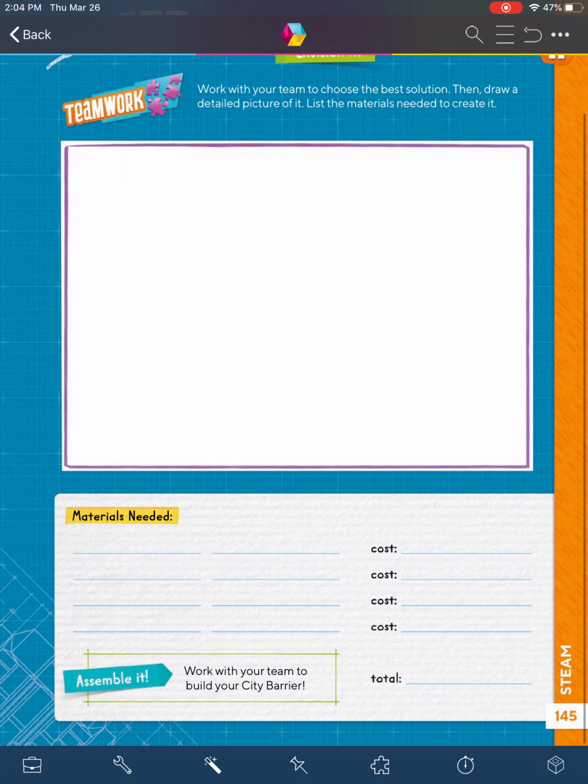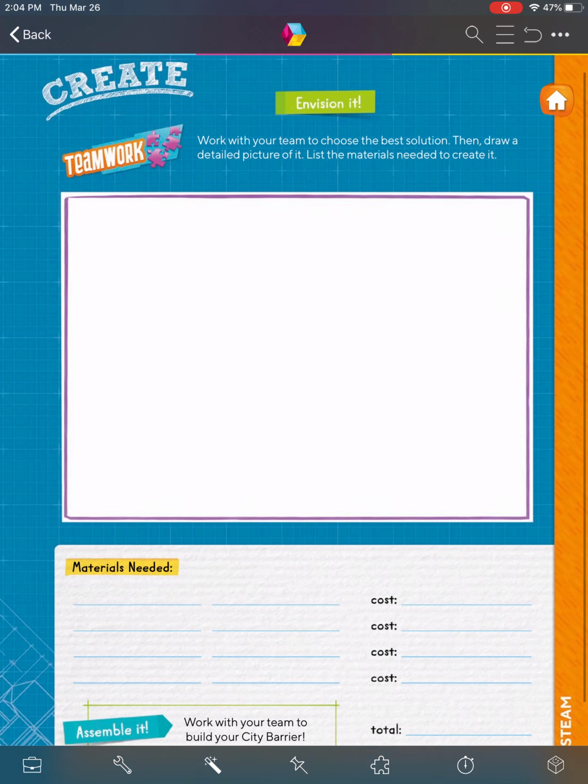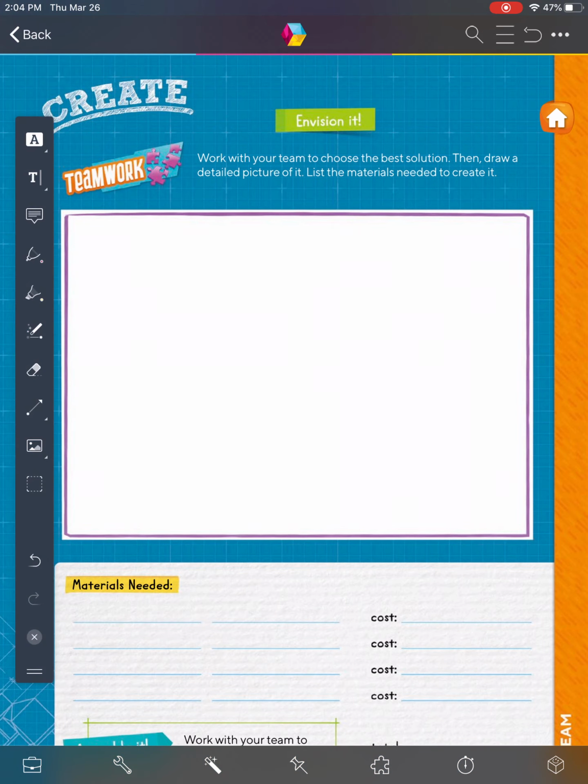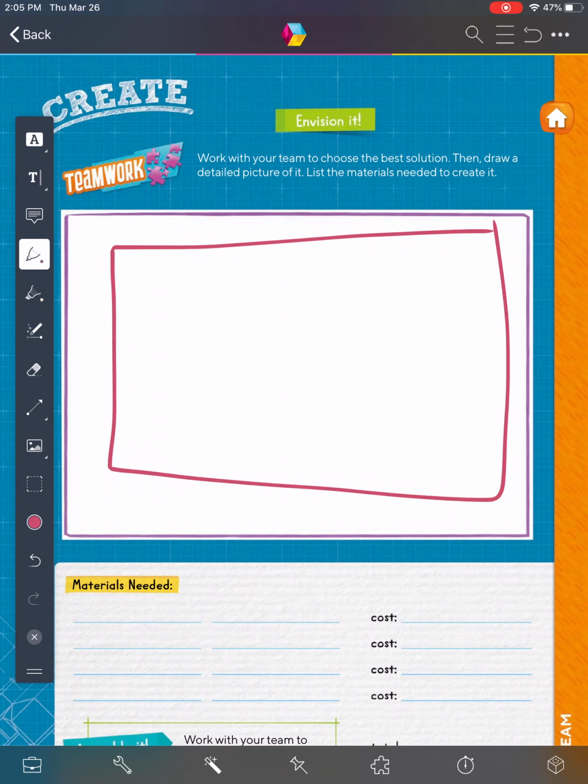Then you can move on to page 145. After you thought of 3 different options to solve the problem, you're going to choose one. Think and choose the best solution for the problem. And here you're going to draw a detailed picture of it.